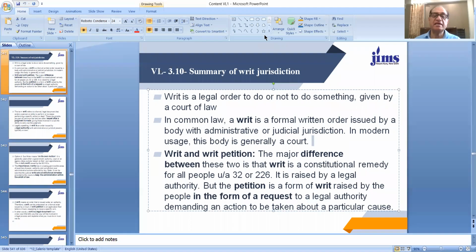It is raised by a legal authority, but the petition is a form of writ raised by the people in the form of a request to a legal authority demanding an action to be taken about a particular case.